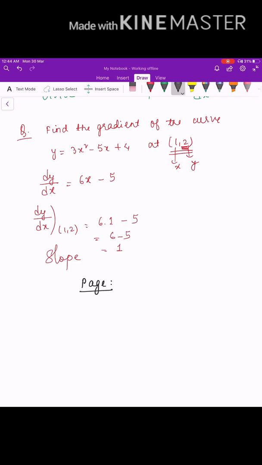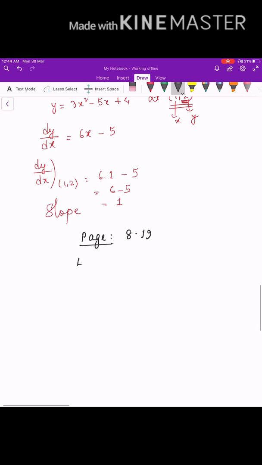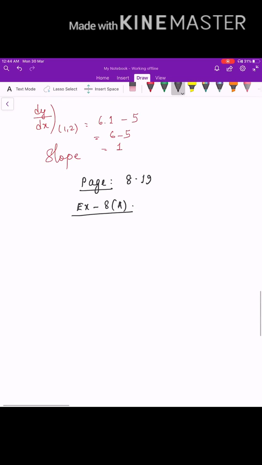Please take out page 8.19, exercise 8A. Let us try question number 2. 1 and 2 are very similar. I'll solve question number 2. You can try question number 1.